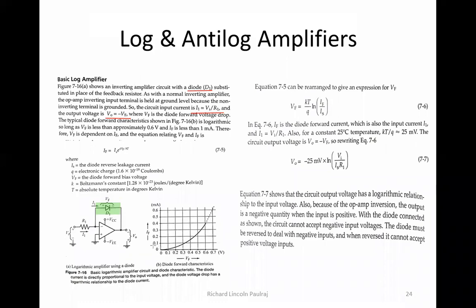This is my Vf and this is the If. Beyond 0.6 it's not going to be stable. It is logarithmic as long as Vf is less than approximately 0.6. Within 0.6 it's fine, but greater than 0.6 it's not going to be in a logarithmic fashion.